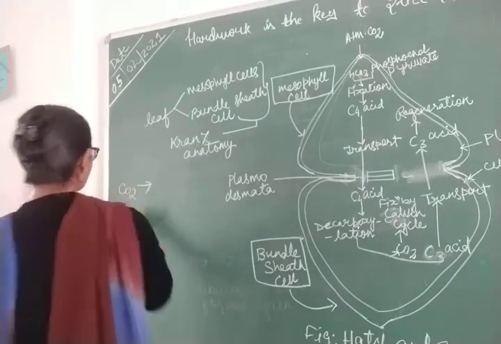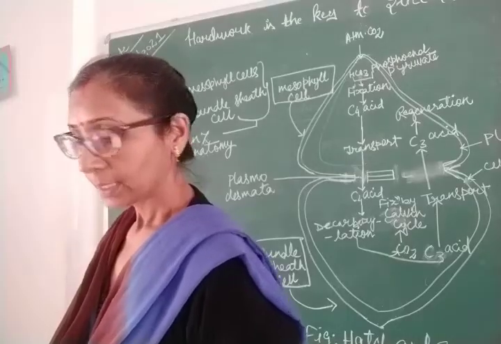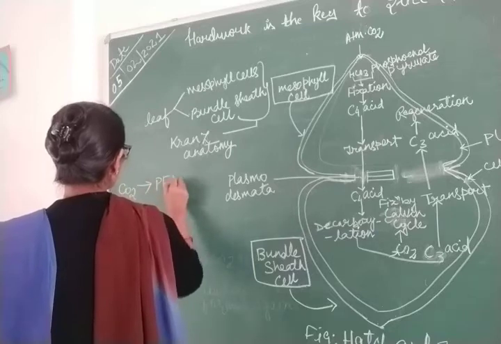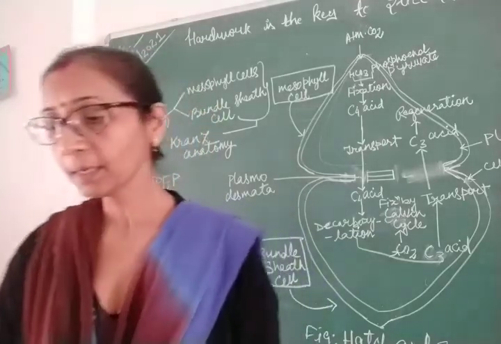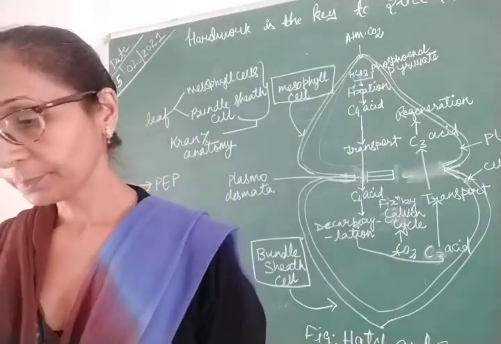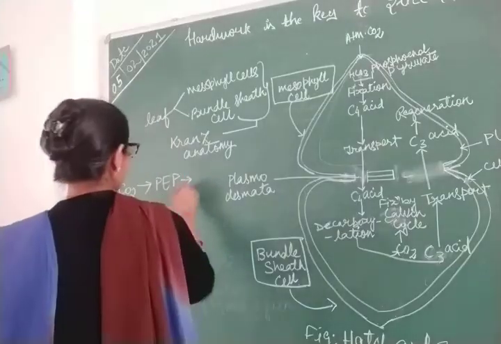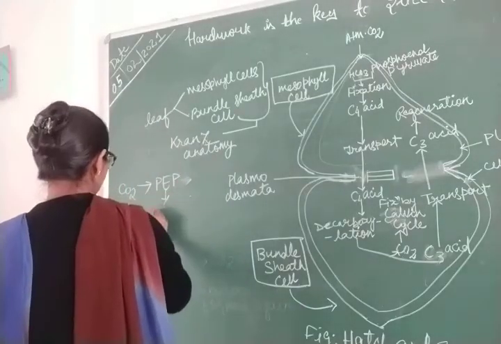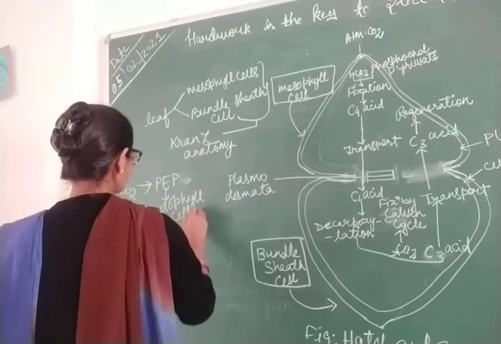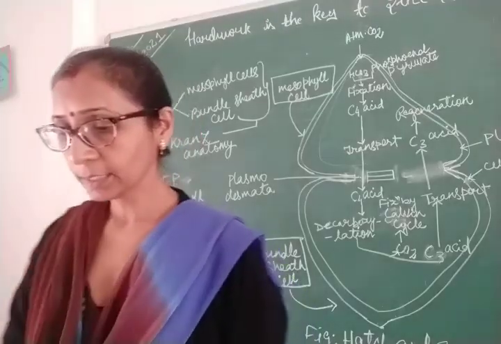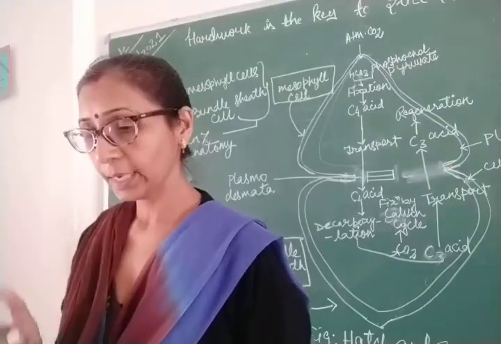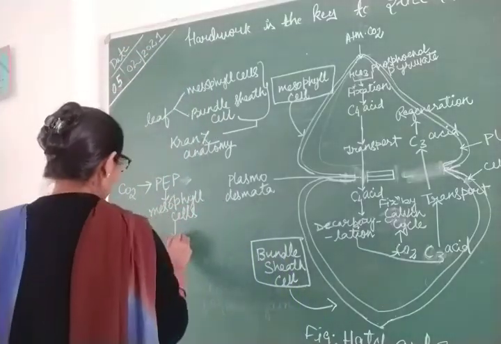So carbon dioxide is taken up and combines with PEP, which is phosphoenol pyruvate. Where is it taken up? It is taken up in the mesophyll cells and gets converted to OAA, that is oxaloacetic acid.